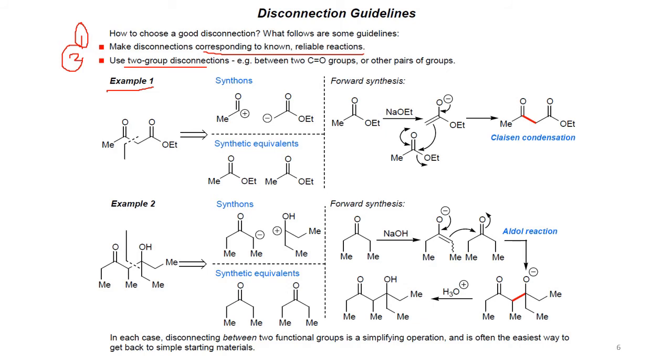If you look here, we have a carbonyl group here and a carbonyl group here. So we disconnect these two molecules in the middle, and we get synthon fragments. This is the plus, this is the minus. For the synthetic equivalent, because this is plus, OEt is minus, so you can add OEt to complement the plus charge.